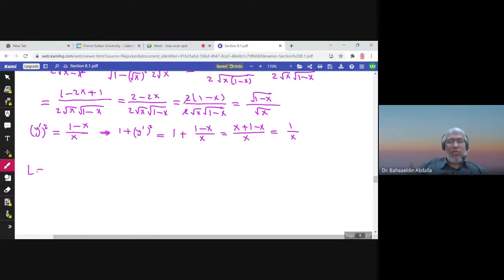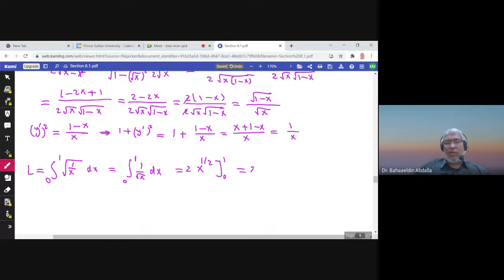So L would be, we said that x is from 0 to 1, the integral of the square root of 1 plus y prime squared, so it's the integral of the square root of 1 over x dx. But the square root of 1 over x is 1 over square root of x, and to find the integral you write it as x to the power negative half, then you add 1, so it would be x to the power half over half, or times 2, from 0 to 1.